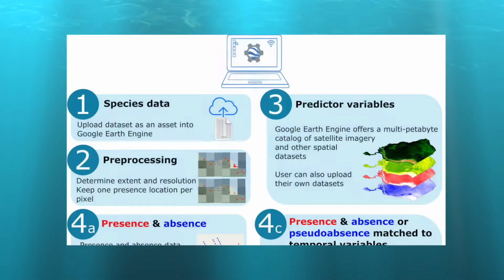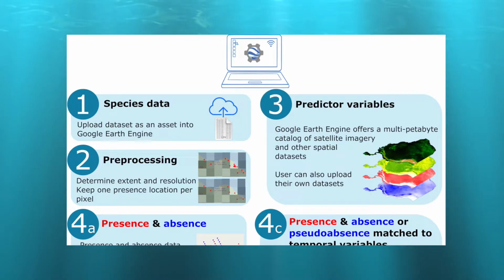But first we need to load data into Google Earth Engine. Once you load the data, it will come, as we will see in a second, as an asset, and then we have to pre-process that. That means defining the resolution we want to work with and removing any kind of extra or redundant data, which in our model can bias results.